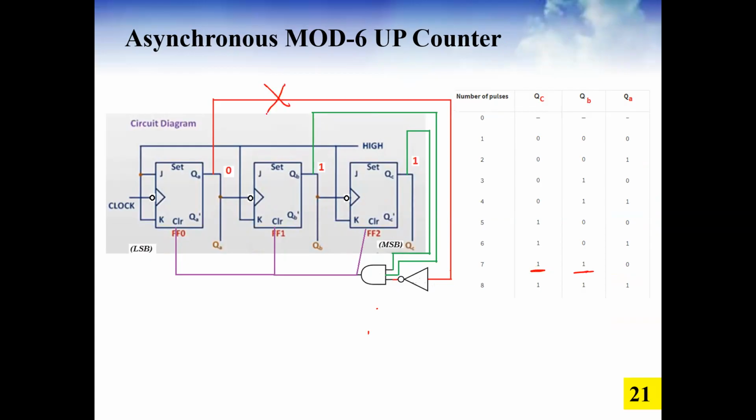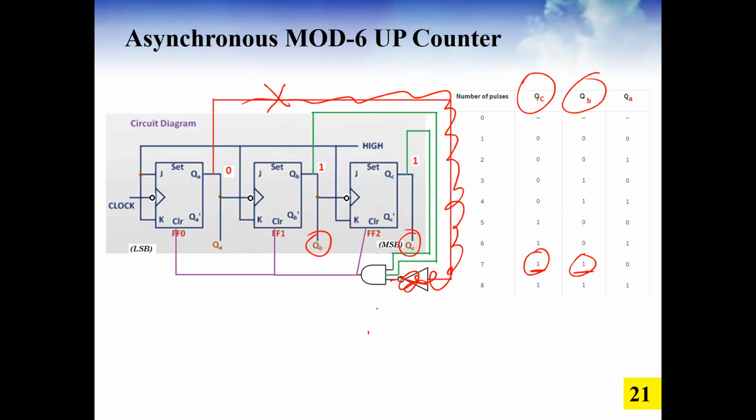This was not needed. So in this case, this line is not needed. We can delete this one. So this simply works with an AND gate with two inputs. One input is QB, another input is QC. We have logic here that whenever both are 1 1, they are 1 1 only at the count of 6, and that is when we want to reset.